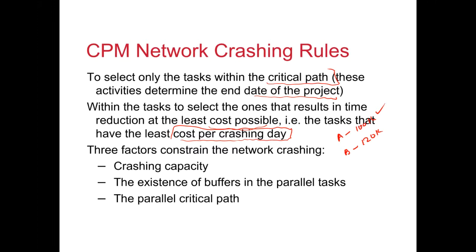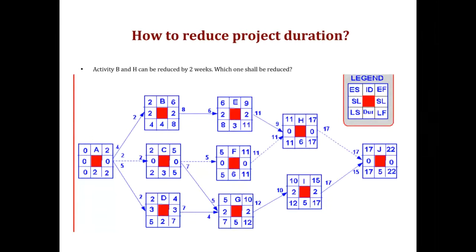You will do the crashing on a day by day basis, and after each you would recompute the critical path. But if you are given an option, you will go for the activity with the least crashing cost per day. There are three factors that constrain network crashing: crashing capacity, existence of buffers in the parallel tasks, and the parallel critical path. We will go through a few examples.